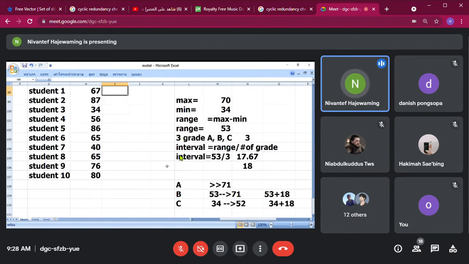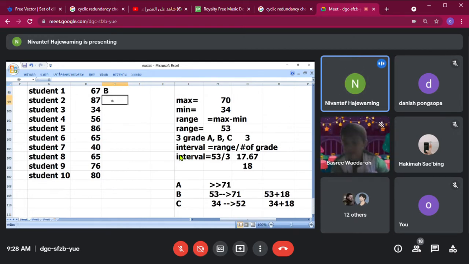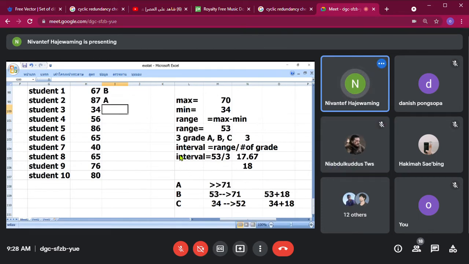67, the first student, what score between? It is 34 to 52. 67 is here. It means this student is B, right? The student who is more than 71, this student is grade A. This student is 34, it is grade C, right?